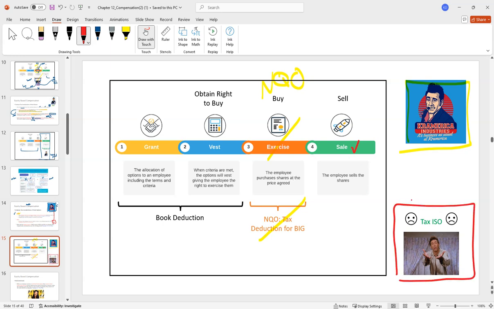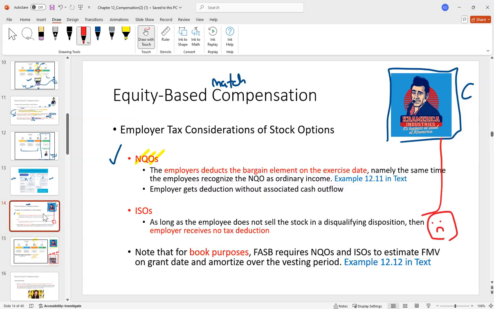With a tax ISO, no corporate deduction as a general rule, assuming it's a true ISO. It gets a little bit wonky if it's a disqualifying disposition, but that's out here. He's sad. We don't get anything for a tax ISO on there.